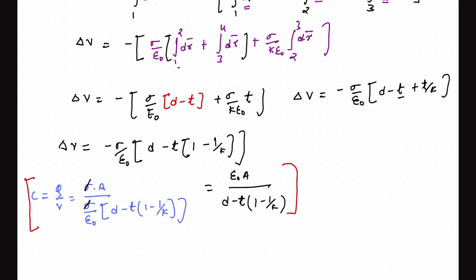Now what is the effect of the different factors? Let's look here. What is the effect if I increase the dielectric constant? If I increase the dielectric constant, the 1/K value will decrease.